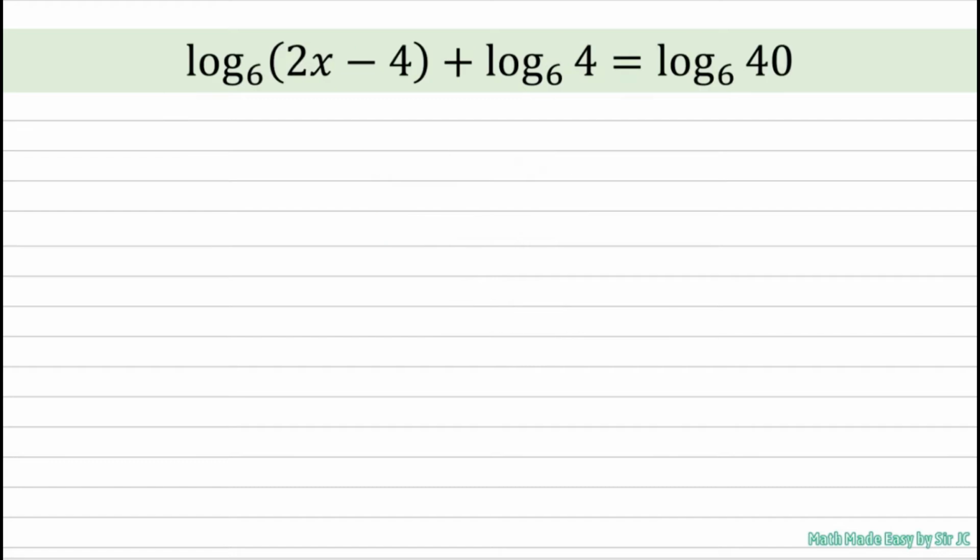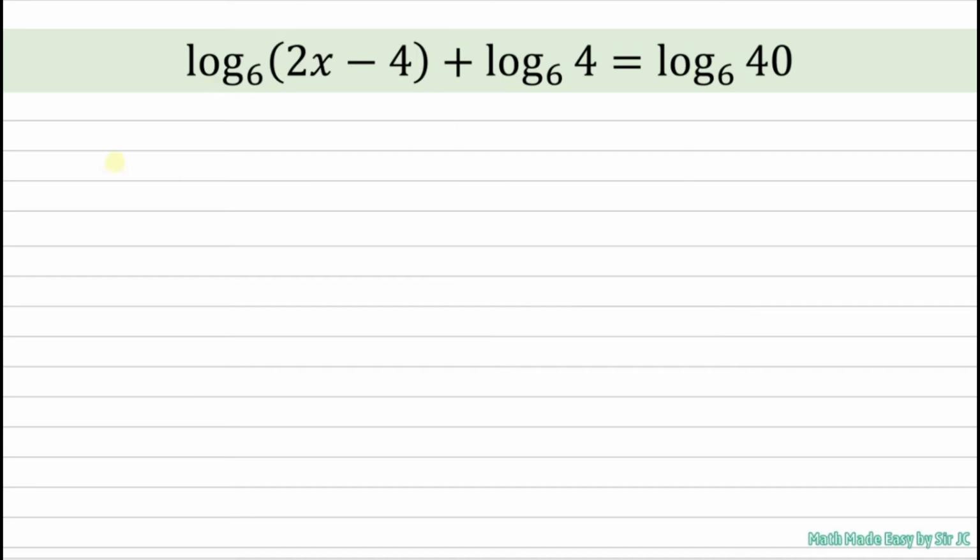Okay, second example. How about logarithm of quantity 2x minus 4 with the base of 6 plus logarithm of 4 with the base of 6 equals logarithm of 40 with the base of 6. So as you can see, we have addition.